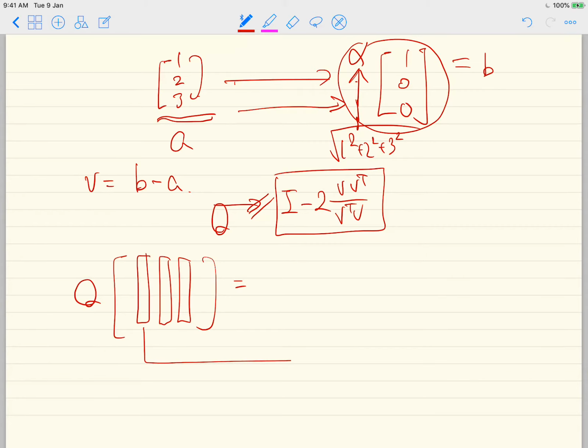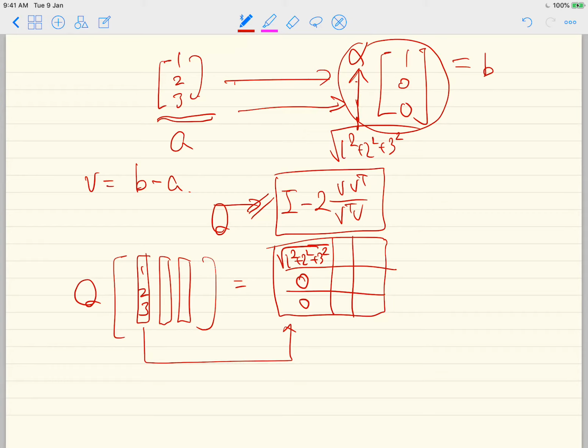Then at least this first column should have the square root of 1 squared plus 2 squared plus 3 squared, and 0, 0. In this form, at least we became one step closer to this upper triangular matrix R, right? So in that way we took care of the first column.